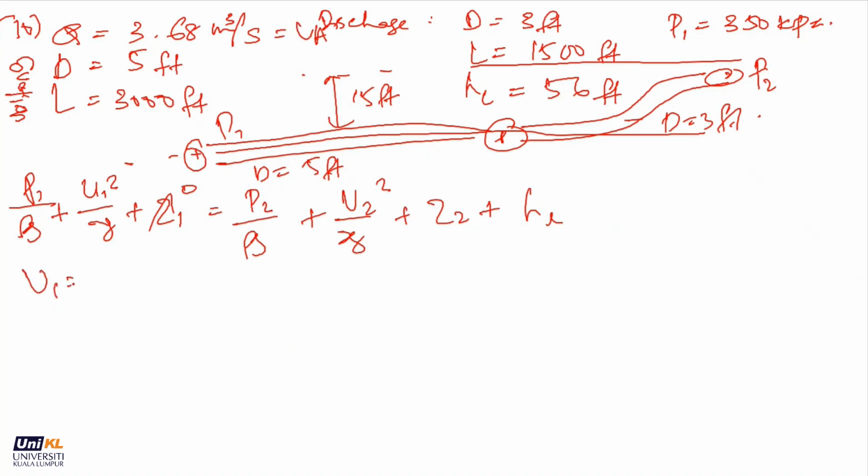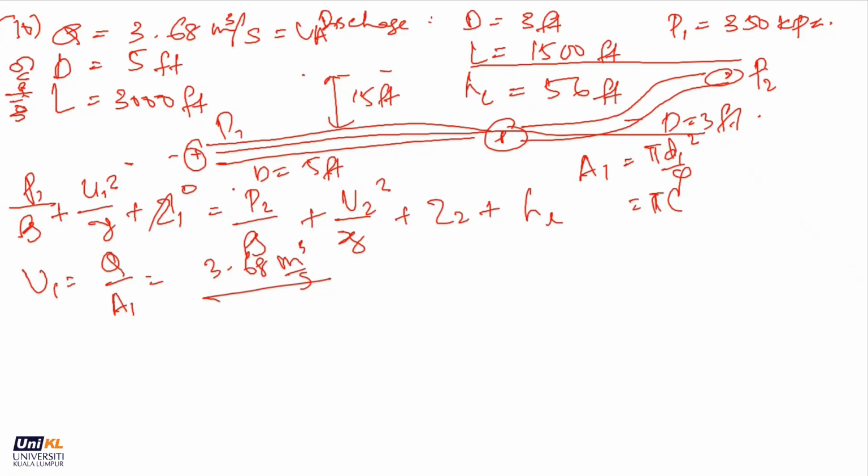Alright, so U1 equals Q over A1. Okay, 3.68 meter cube per second divided by A1. Okay, A1 is pi D1 square over 4.